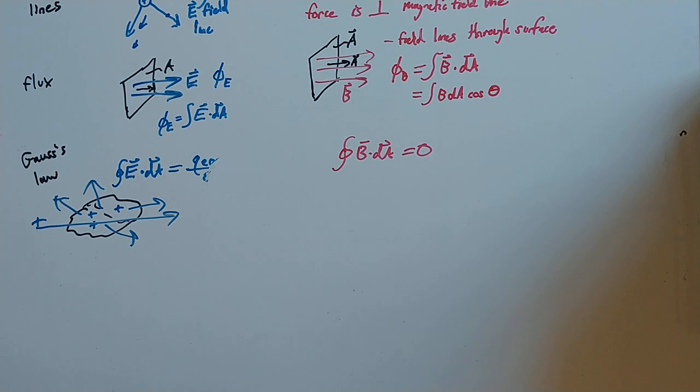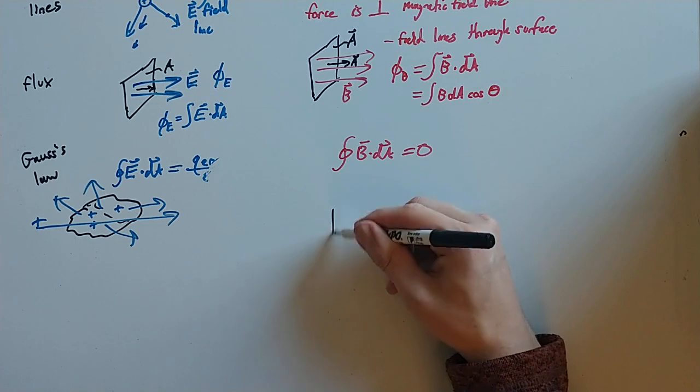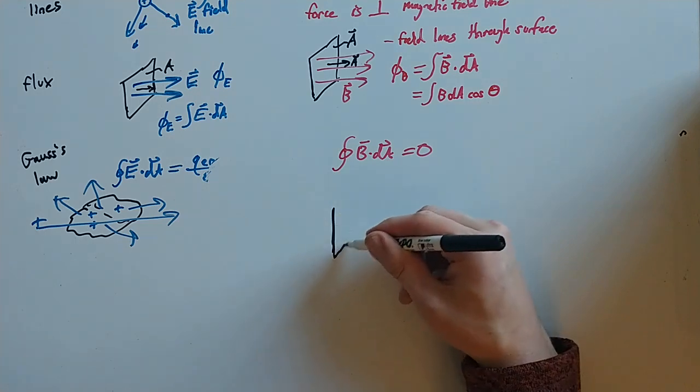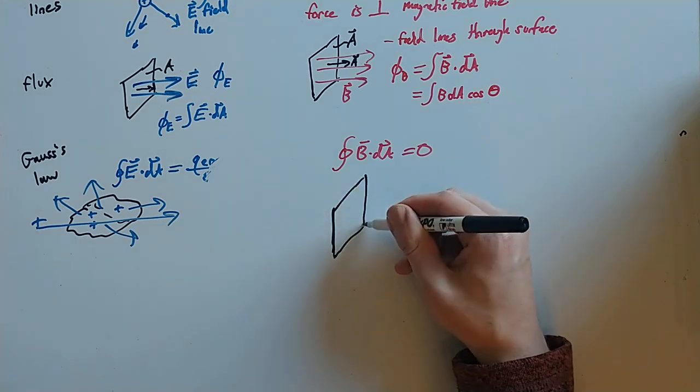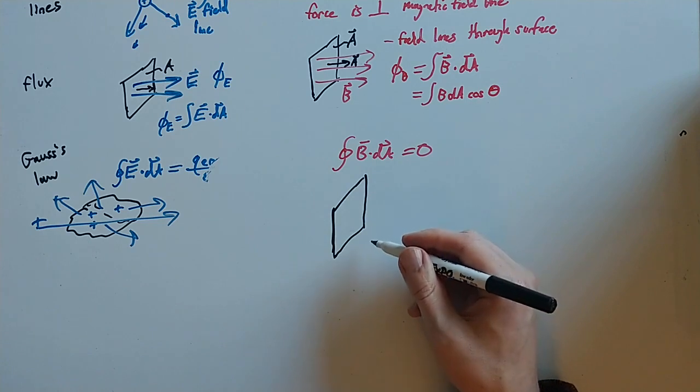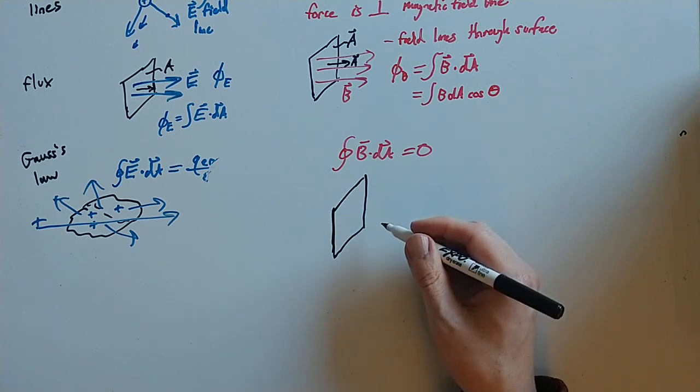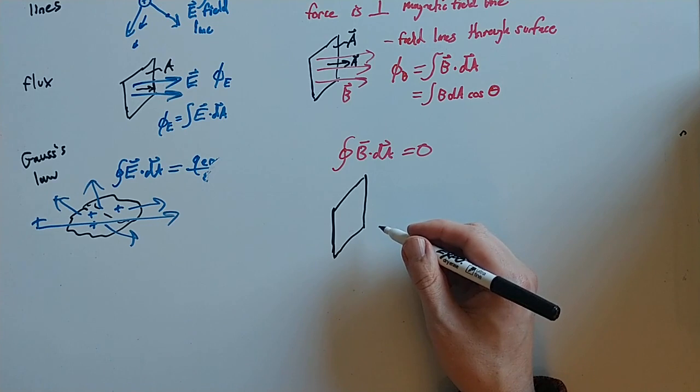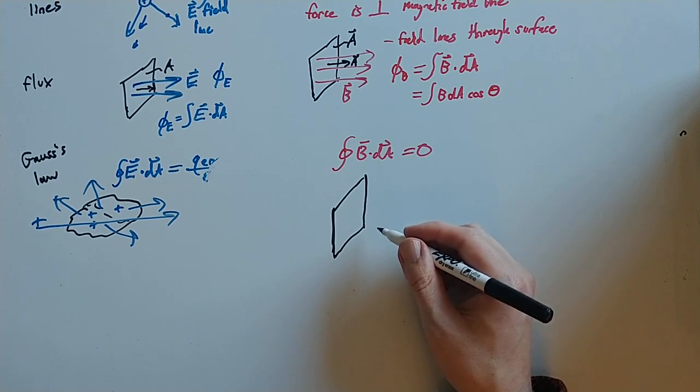And so the example calculation I'd like to do is, let's imagine that we have a classroom or some room, and maybe let's think about one wall of the classroom. So we'll let this be the wall of a classroom, all right? Maybe I'll say it's the north wall of a classroom. And what we're interested in is the Earth's magnetic field.